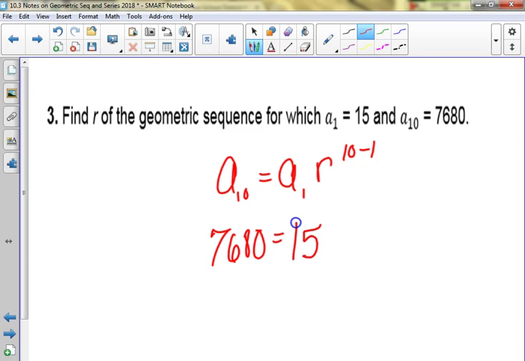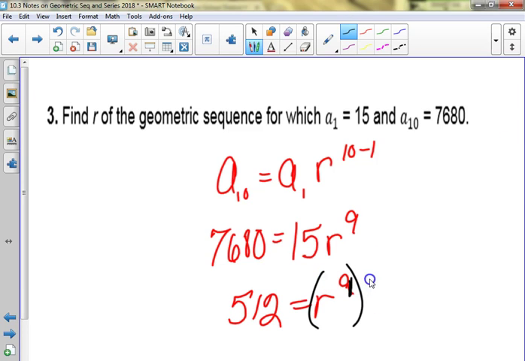This term is 15. And I have r to the 9th. Well, that sounds fun. 7680 divided by 15 is 512. How are we going to get rid of r to the 9th? What are we going to do in our calculator? Yeah, I would do to the 1/9.